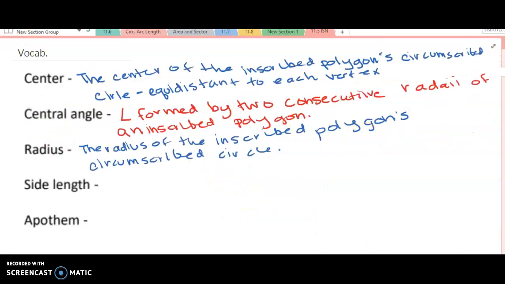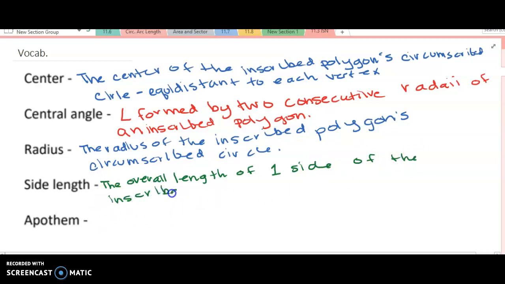I'm going to write here, side length is the overall length of one side of the inscribed regular polygon. And remember, because it's a regular polygon, all those sides are the same.